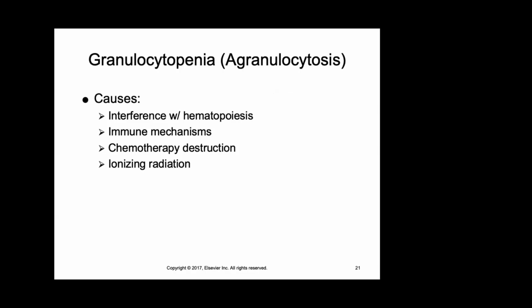Agranulocytosis can be the result of interference with hematopoiesis, immune mechanisms, the results of chemo and radiation therapy, and ionizing radiation. The idea with chemo and radiation is to kill rapidly developing cells, and the hope is that includes your cancer cells.